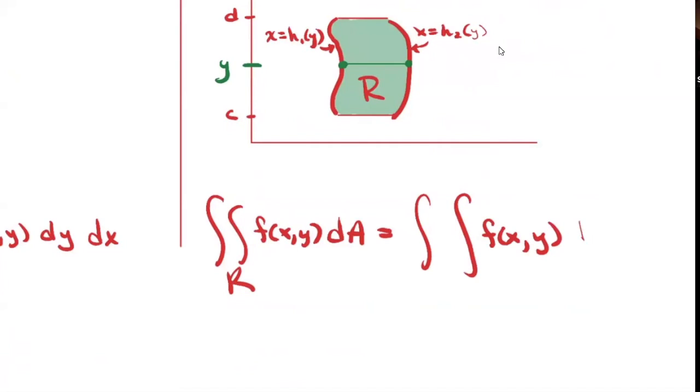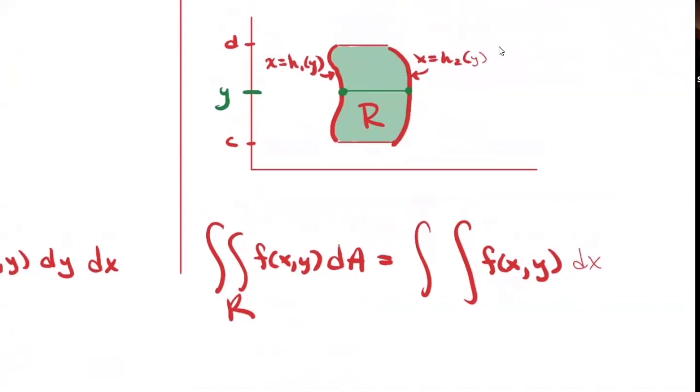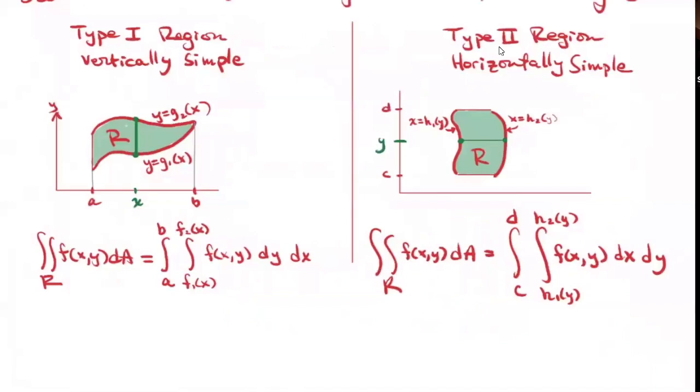Now we're going to do dx first, which means we're going to hold y fixed. And for a fixed value of y, the lower limit on x is h1 of that y value, and the upper limit is h2 of that y value. We multiply by the thickness of the slice, which is now dy, and then let y vary from C to D and add up all these slices, and we get the double integral.